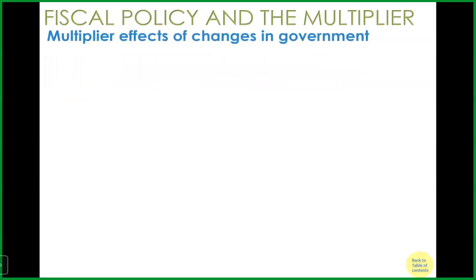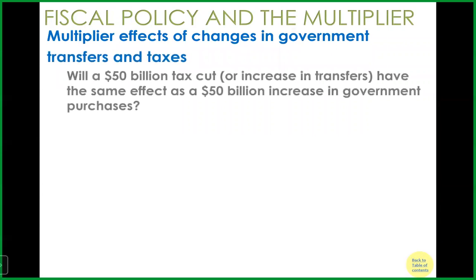Now let's see how different choices from the government will have different impacts on the real economy. Say the government wants to spend 50 billion. This is a stimulus package.